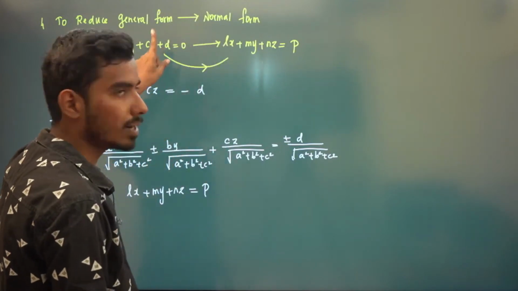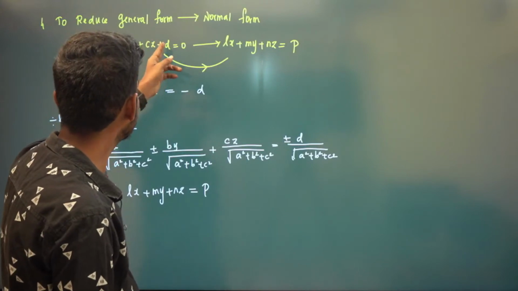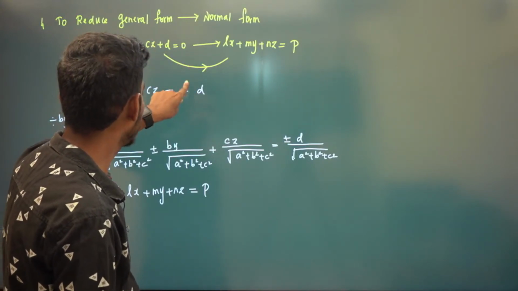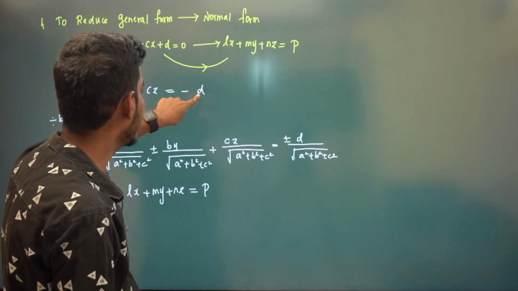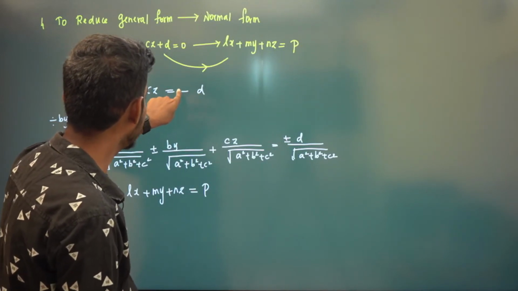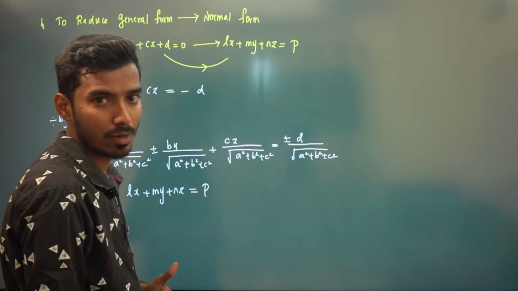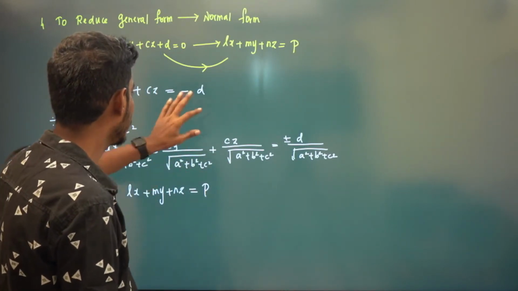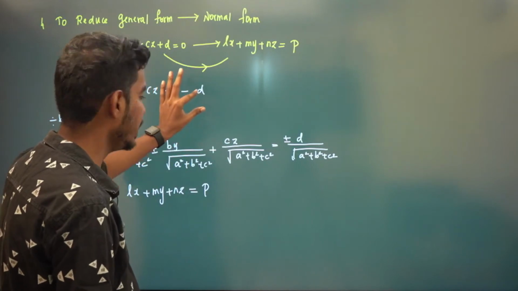See, this d can be positive or negative. Whatever, you just transform this d to that side. If this is negative, this will be positive. If this is positive, this will be negative. If it is negative, you divide by minus 1 divided by root of a square plus b square plus c square, so that will be plus. This is nothing but p.